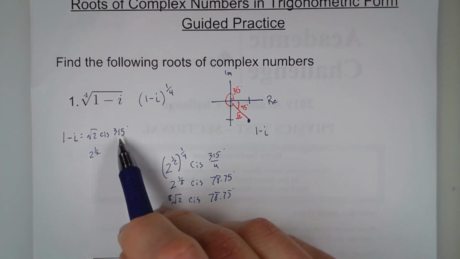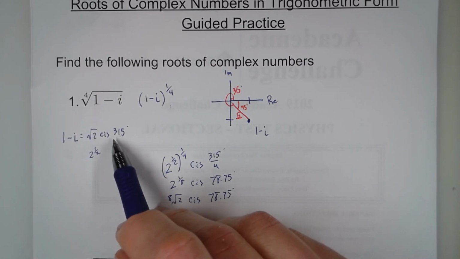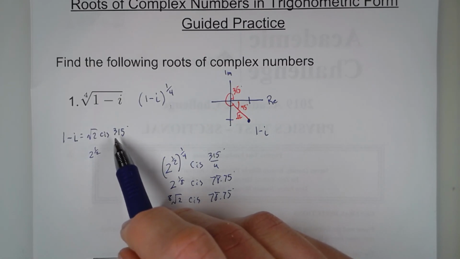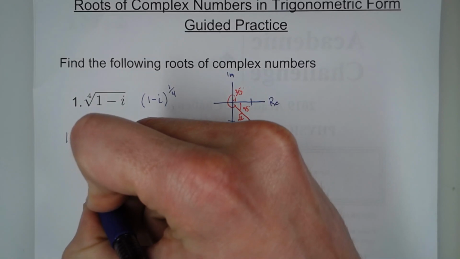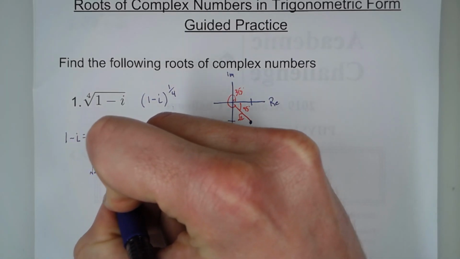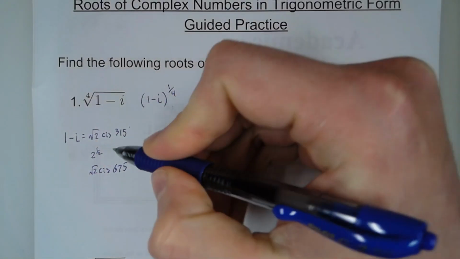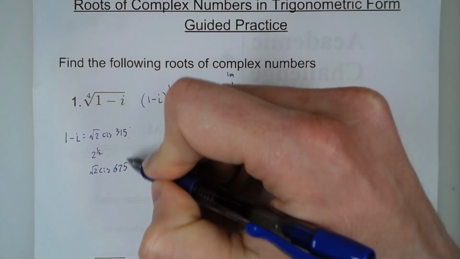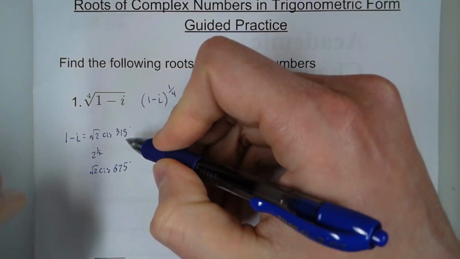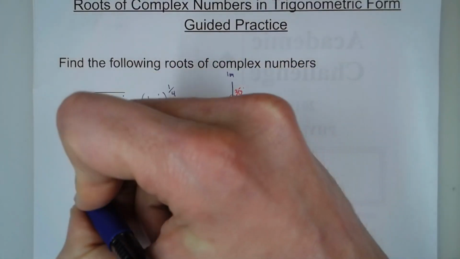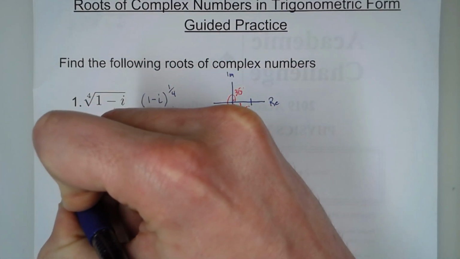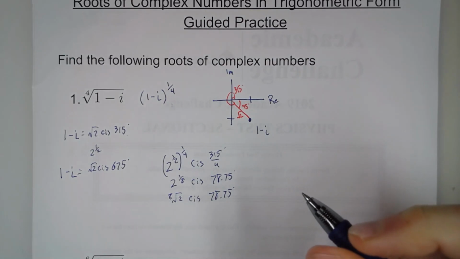Square root of 2 CIS 315. What if I added 360 to 315? I would get square root of 2 CIS 675. Now these two angles, 315 and 675, are coterminal, which means if I graph this and graph this, we would get the same thing, 1 minus i.